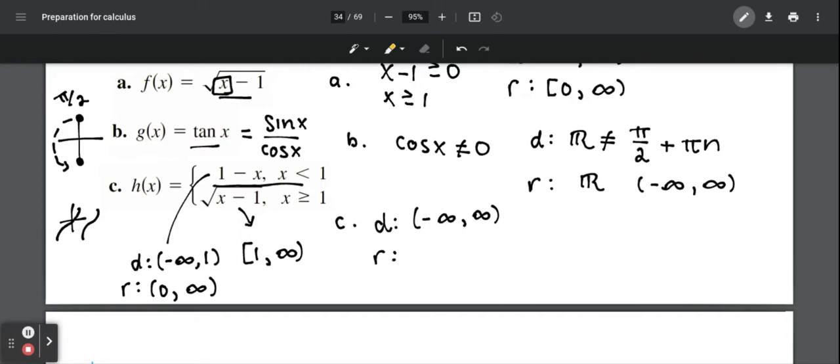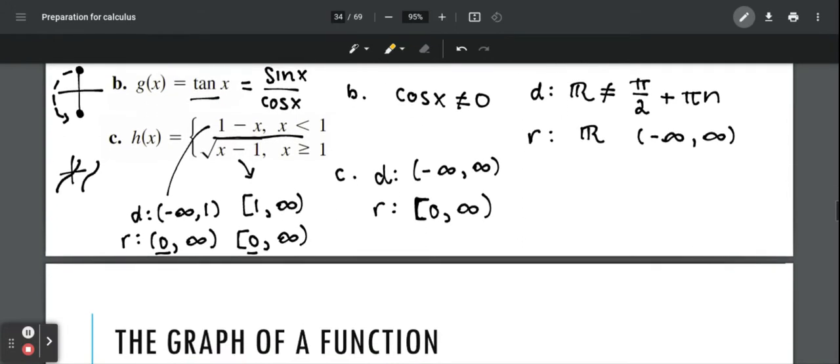And with the square root, we know that range goes from 0 to infinity. If we combine those two, our range would just be 0 to infinity. We would actually include 0, because even though the first one doesn't include 0, the second one does include the 0.